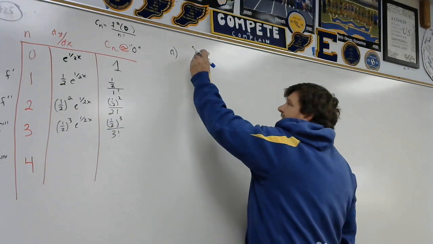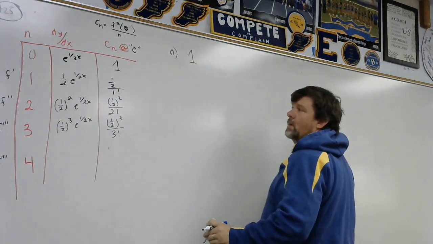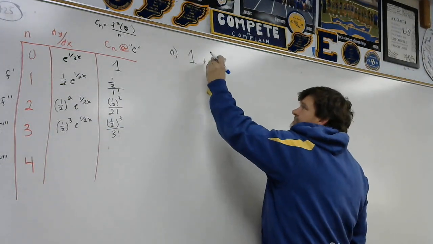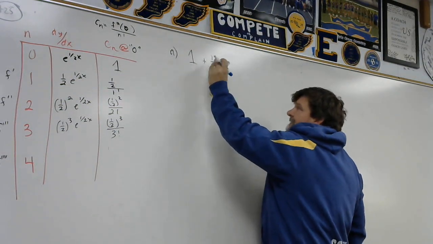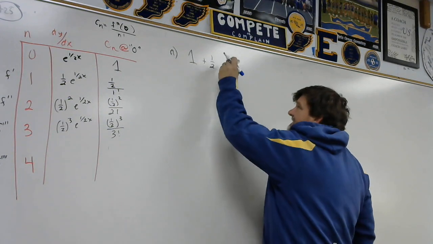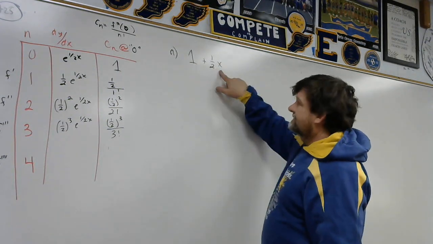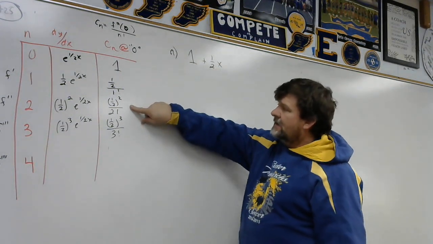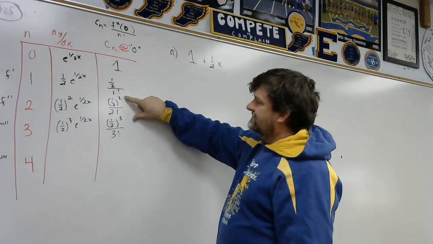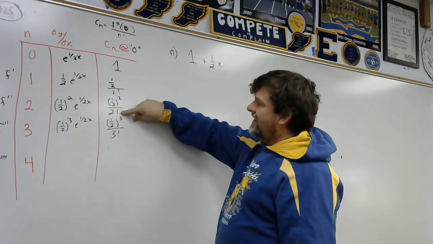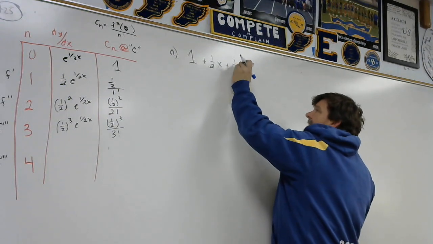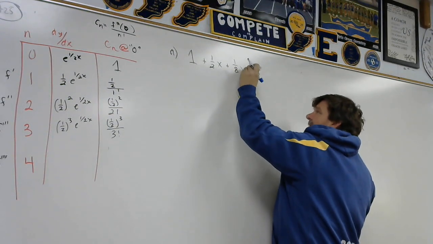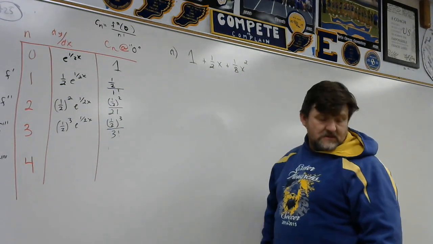So when we write this, I'm working as 1 plus 1/2 x. And then the next one is going to be 1/2 squared over 2 factorial, so that should be 1/8 x squared.